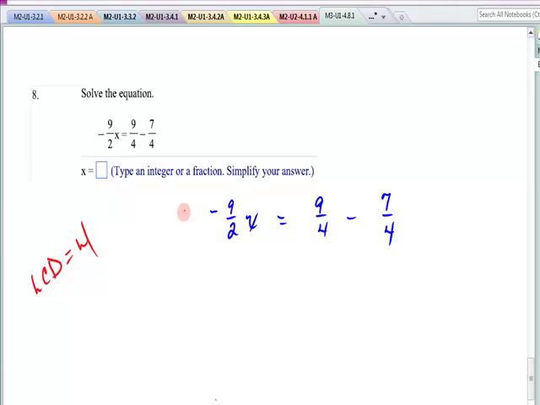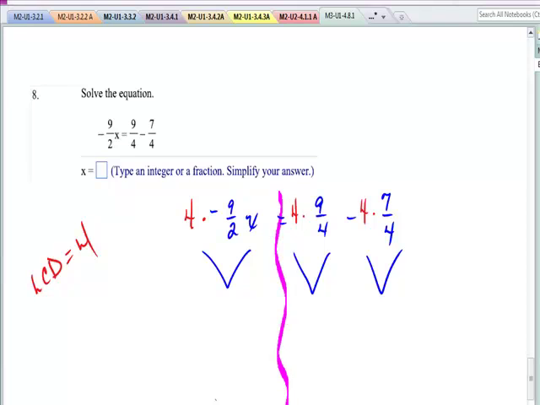So I'm going to multiply 4 times the first one, 4 times the next term, and 4 times the last term. I just spaced out the problem so that I could do that. You can do that or not, but you're going to need to multiply every term by that LCD.